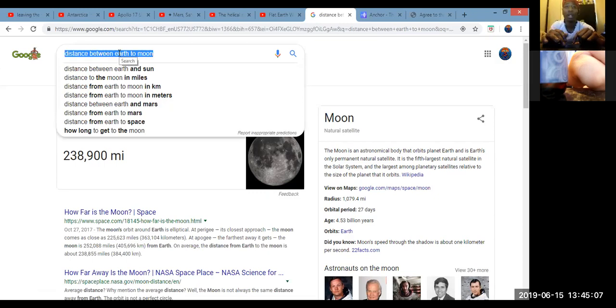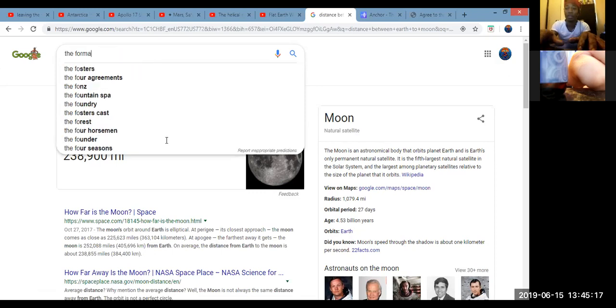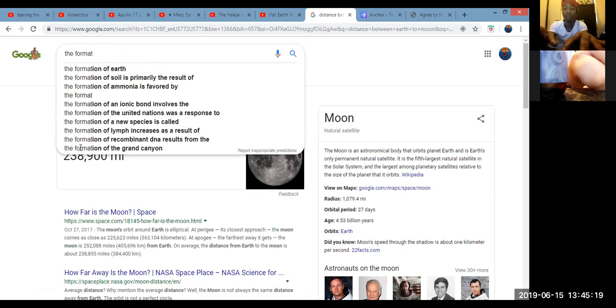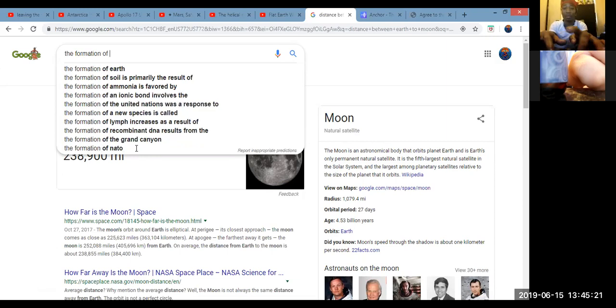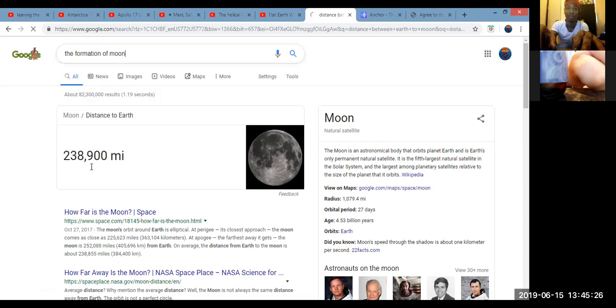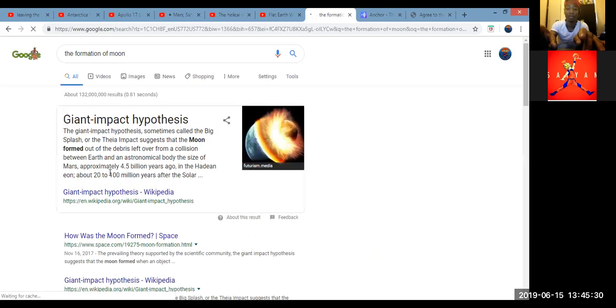Another thing we can talk about is the formation of the moon. This is something that I honestly can't really explain, and I don't know how they figured this happened. It's a hypothesis.